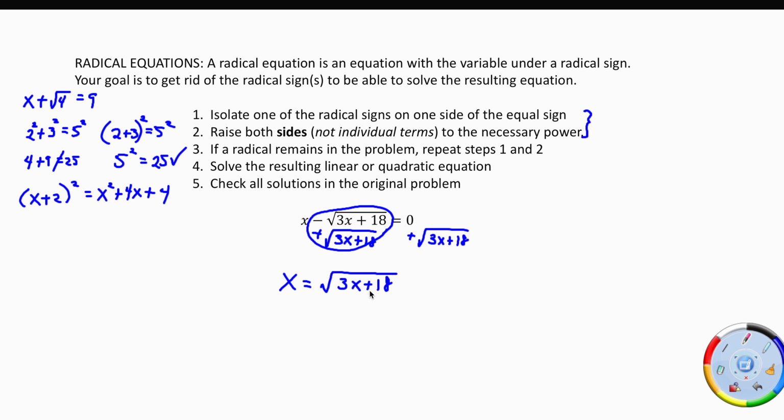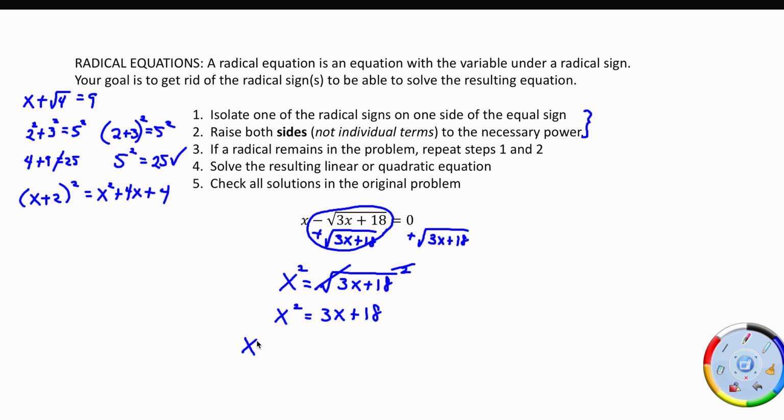Then I'm going to square both sides, not individual terms. Here I only have one term on each side, so it doesn't really come into play. But remember, both sides, not individual terms. Because when you square a square root, they undo each other. So I'm left over here with the x squared, but over here with just 3x plus 18. Now it's no longer a radical equation, it's a quadratic equation.